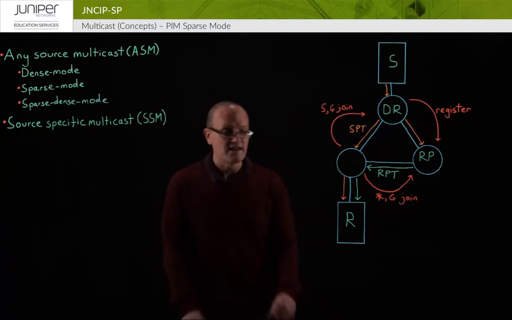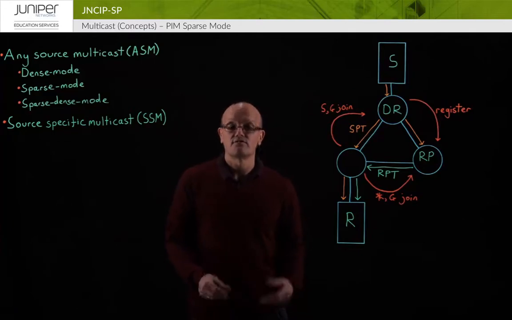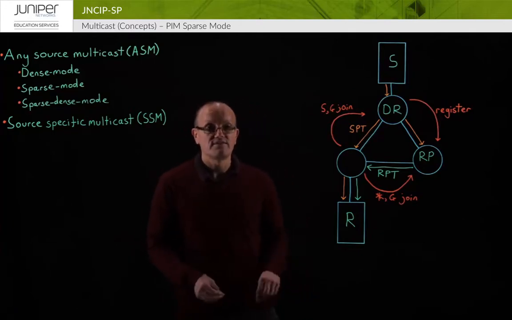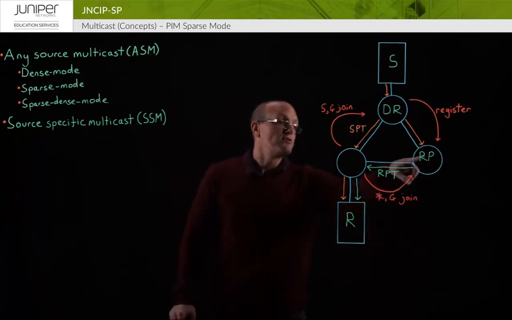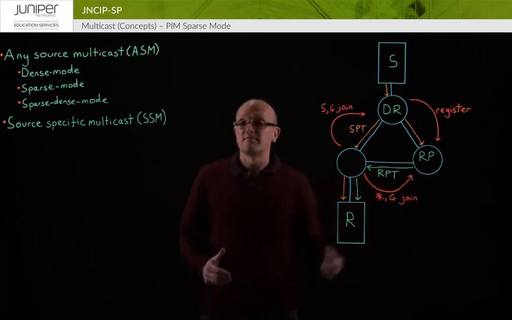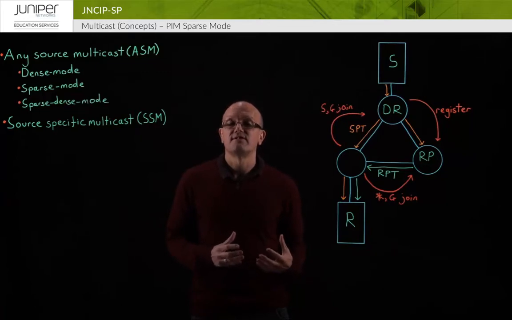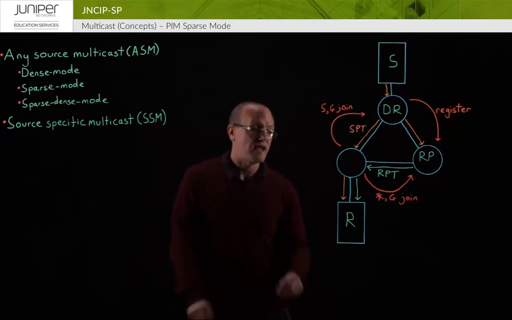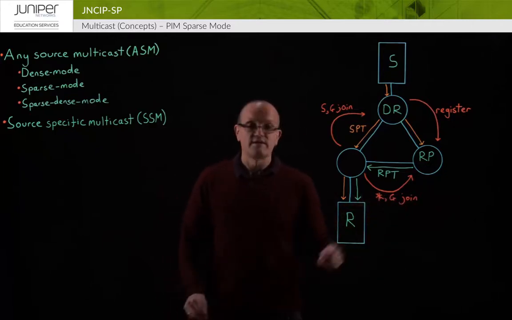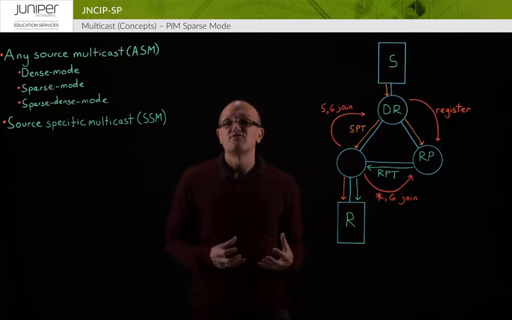So say we have a receiver and he's interested in receiving traffic for a given group. What he does is he first sends a join message to the rendezvous point, to the meeting point in the network. He doesn't mind where the traffic is going to be coming from that's going to be delivered to this group. So he sends what's called a star, G join. So any source to a given group, he's interested in traffic.